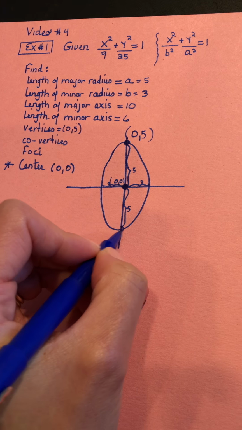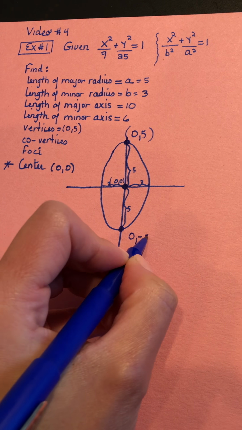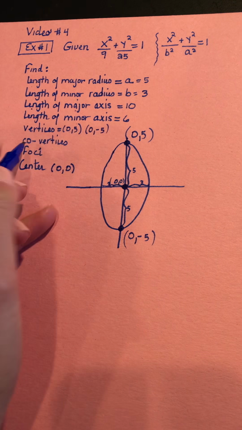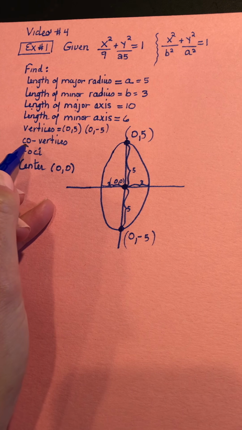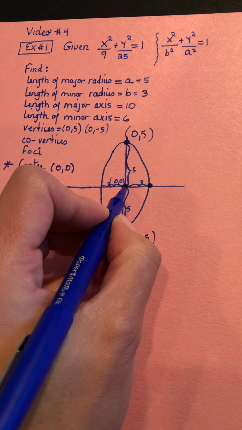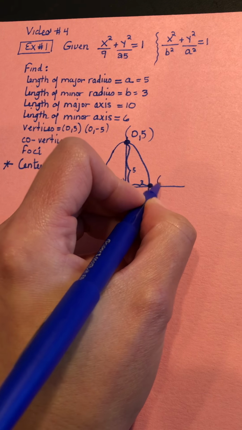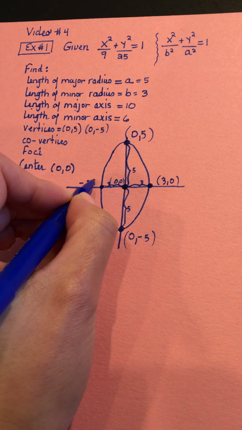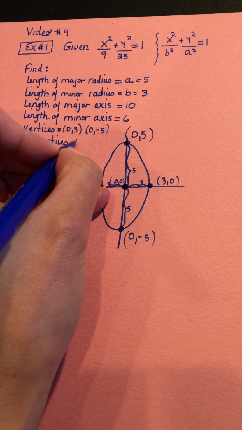And then the other one is going to be at 0, negative 5. Co-vertices are always going to be on the minor axis. And so I know, because I started at 0 and I went over 3, that 3, 0 and negative 3, 0 are my co-vertices.